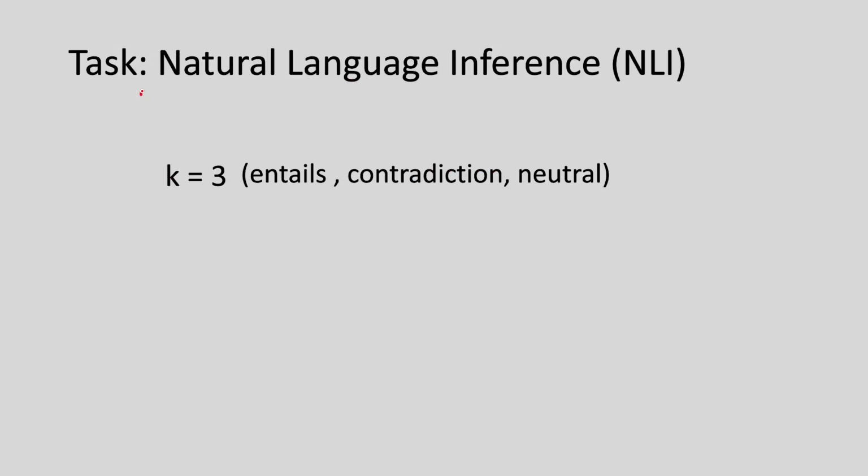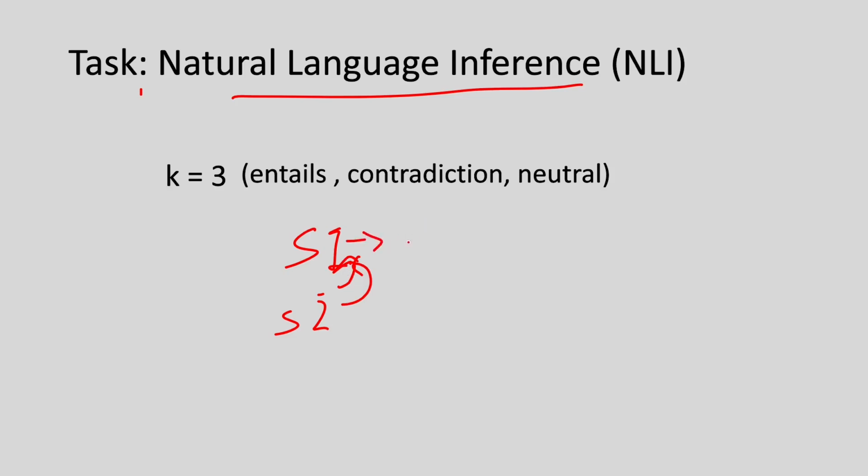So what is the task that we are optimizing for? It is called natural language inference. You're given sentence 1 and sentence 2, and you have to say: does sentence 2 entail sentence 1? Does sentence 2 contradict sentence 1, or is it neutral?